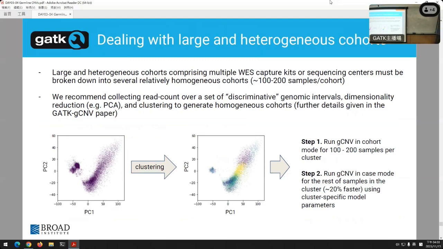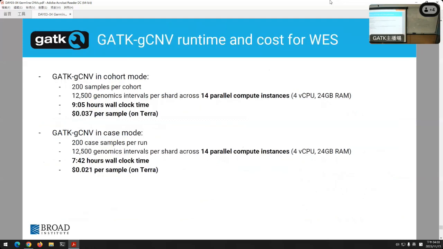So why not just run cohort mode on all of the samples? It's because cohort mode is a little bit more expensive because you just have to do more when you're running cohort mode. You have to also train the model. It's still pretty cost effective.